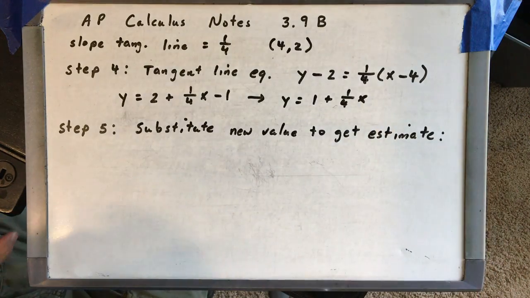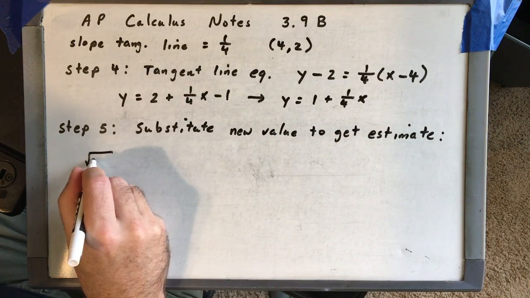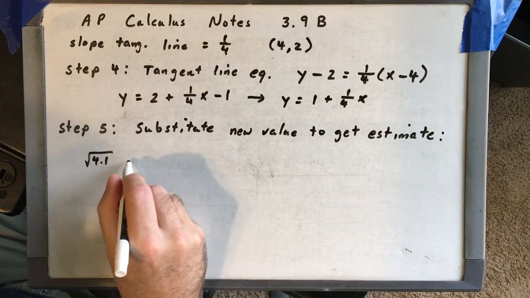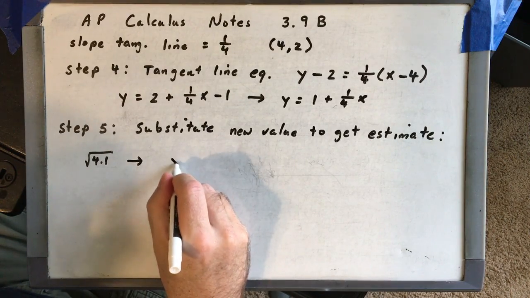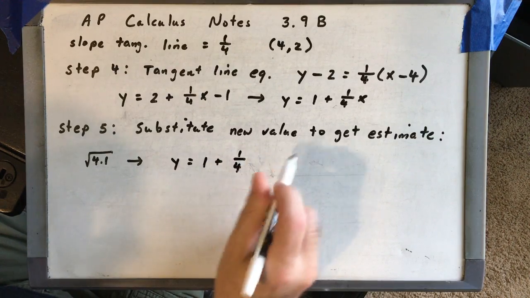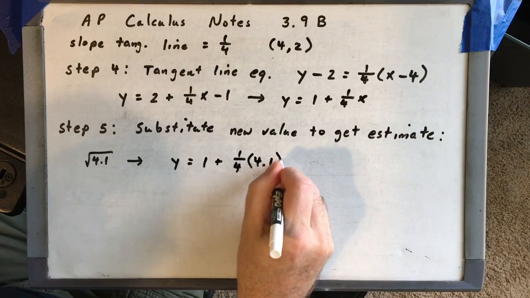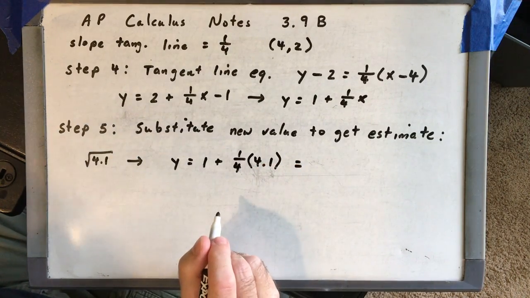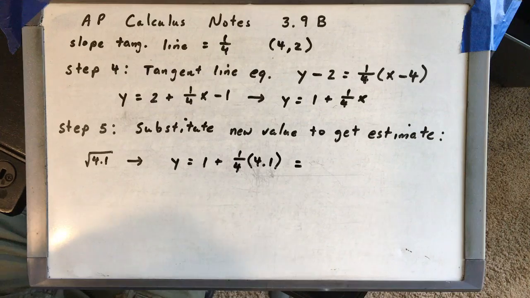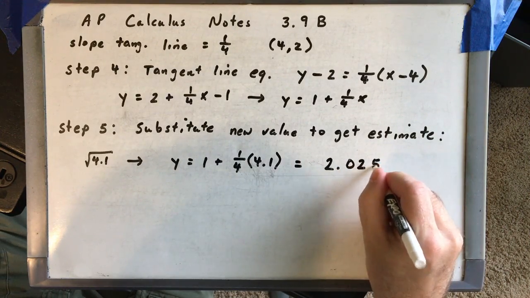All right. So we're trying to find the square root of 4.1, right? So we're going to substitute that into y is equal to 1 plus 1/4, using that tangent line equation, times 4.1. All right, put that in your calculator, you get an answer of 2.025.